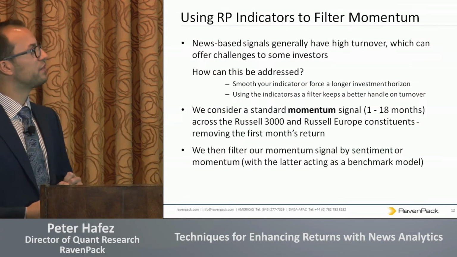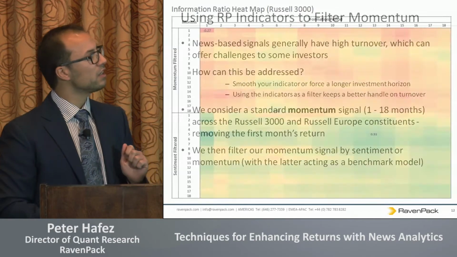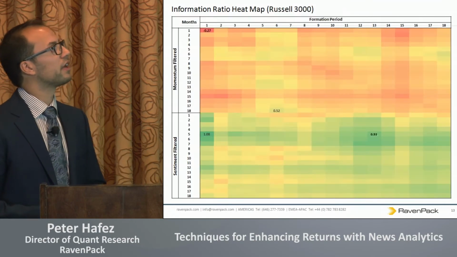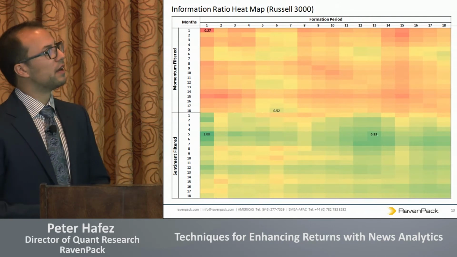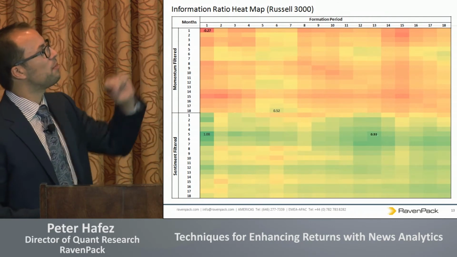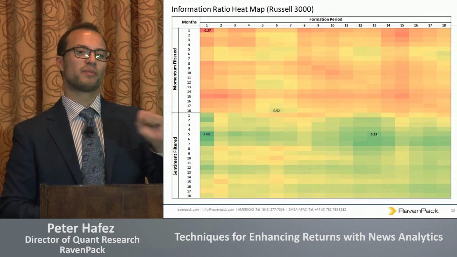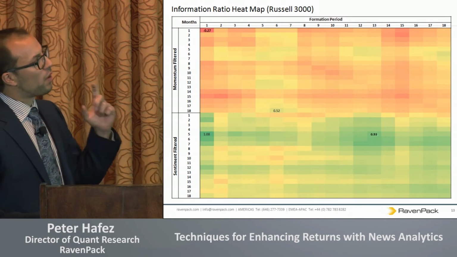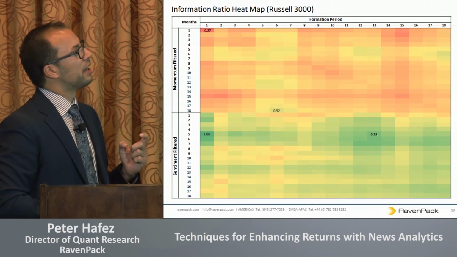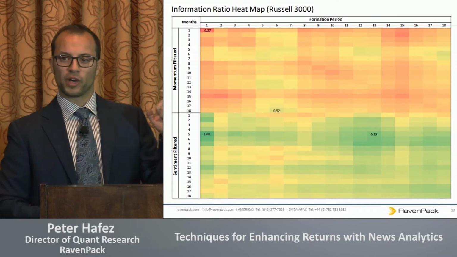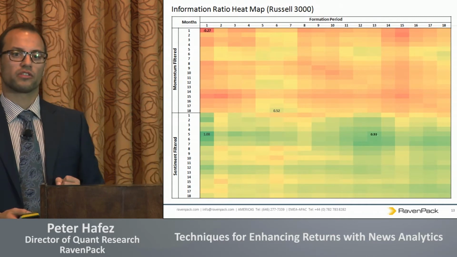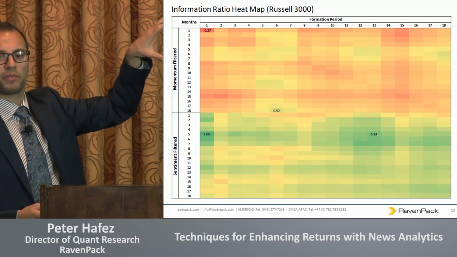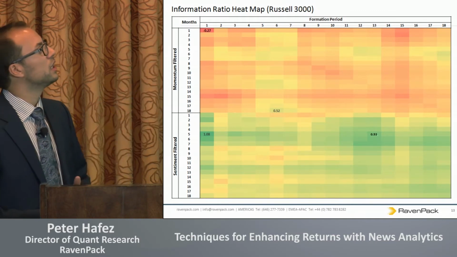And then after that, we filter it by sentiment. This is the heat map we get across the different formation periods for the US. So the top part is momentum-filtered momentum, and the bottom part is sentiment-filtered momentum. And what's quite striking is that the green bars is obviously where you see the highest information ratios in this case. It's a heat map across information ratios of that strategy.